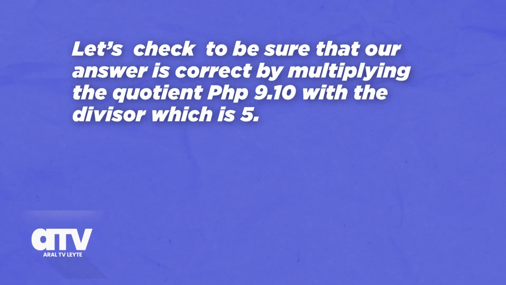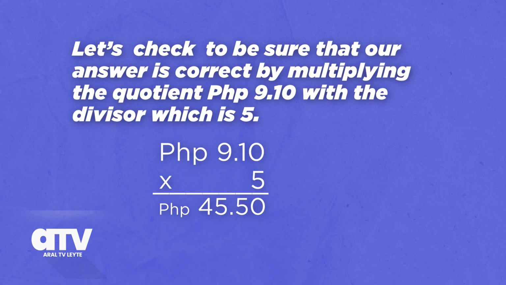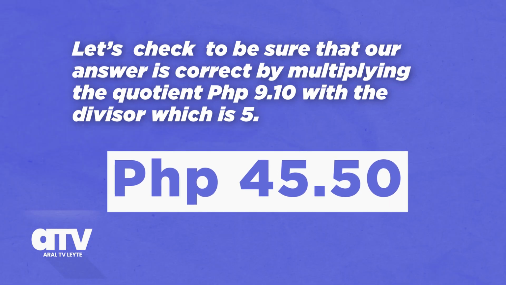Let's check to be sure that our answer is correct by multiplying the quotient, 9 pesos and 10 centavos, with the divisor, which is 5. 9 pesos and 10 centavos times 5 is equal to 45 pesos and 50 centavos.